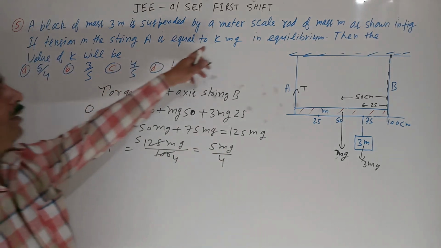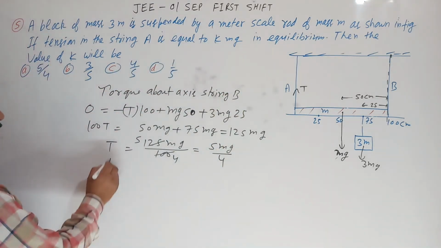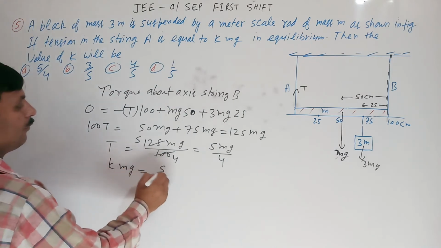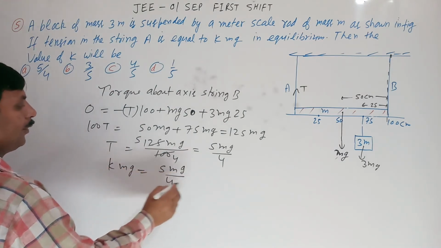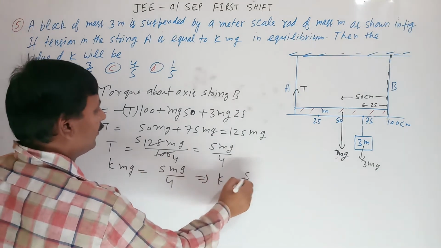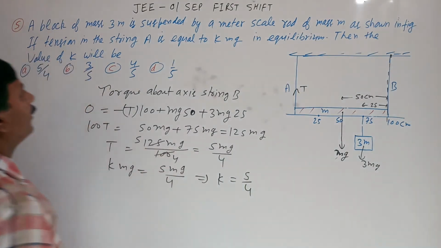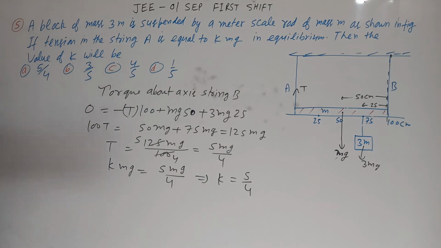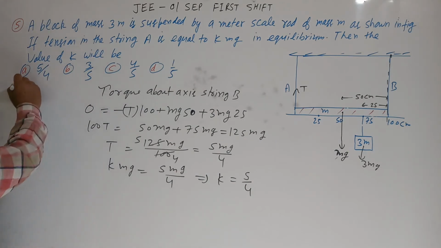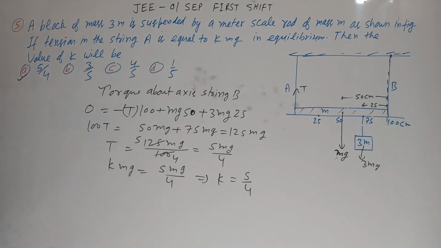The tension they have given is kmg, so kmg is equal to 5mg upon 4. This implies k is equal to 5 by 4, so we can see here option A is correct.